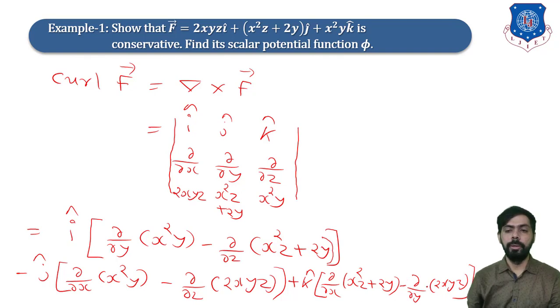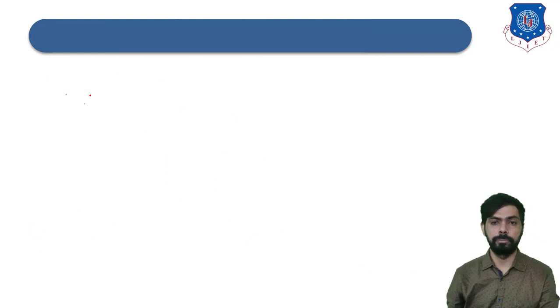The partial differentiation of 2xyz with respect to y will be 2xz because the derivative of y with respect to y is 1.